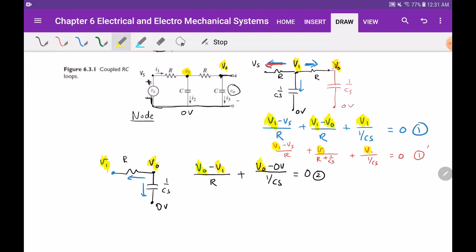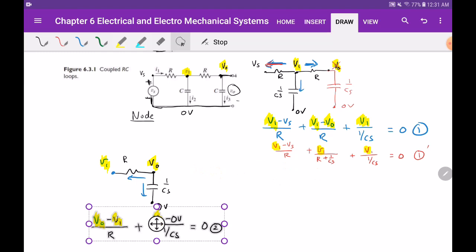Now you're going to do some algebra. Let me move this out of the way so I can do more algebra underneath.